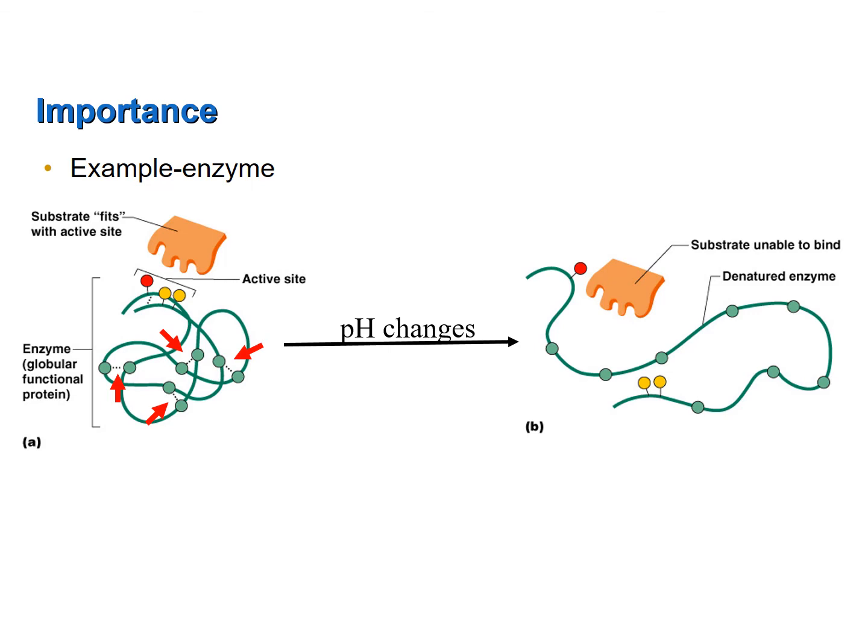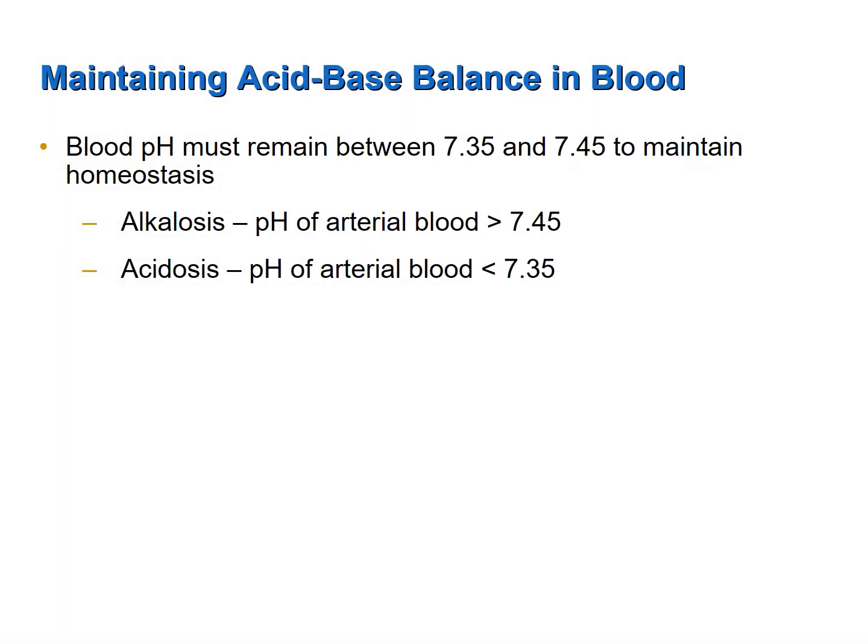So the denaturation of these proteins can render them inert so that they no longer function. Therefore, this is why blood pH is so important, and it has to be maintained in that normal range.